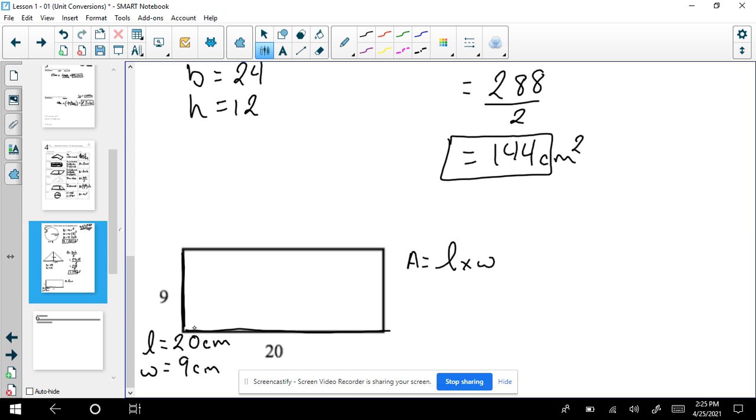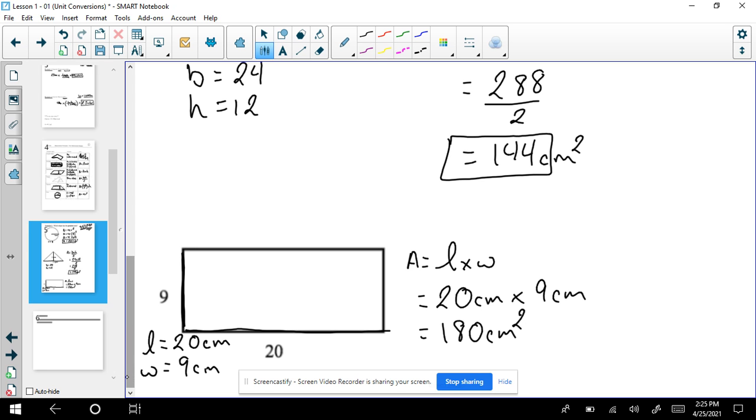And I can now take this information and plug it into my area equation. So my L is 20 centimeters, and my width is 9 centimeters. And this is what I mean. So we're timesing centimeters and centimeters, so that would be centimeters squared. So 9 times 20 is going to give me 180 centimeters squared.